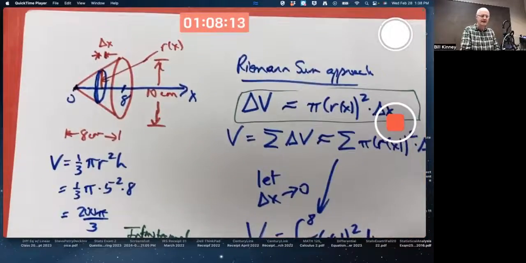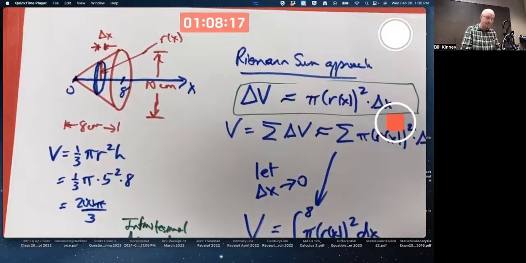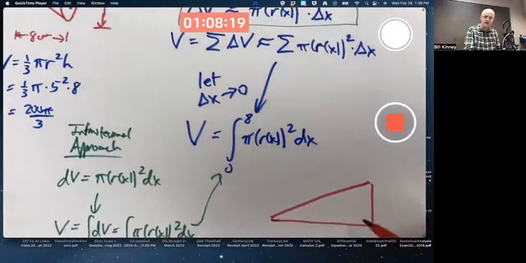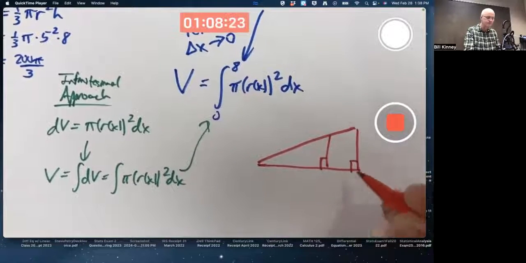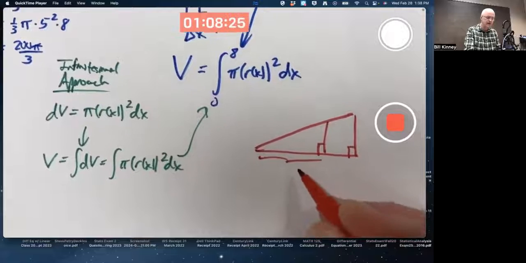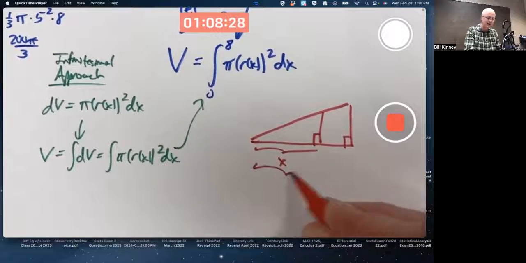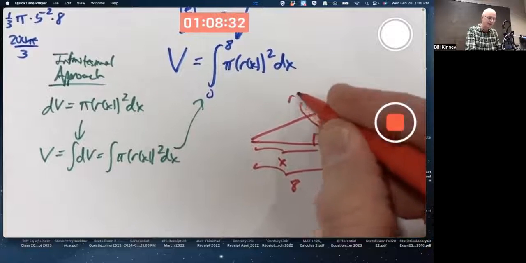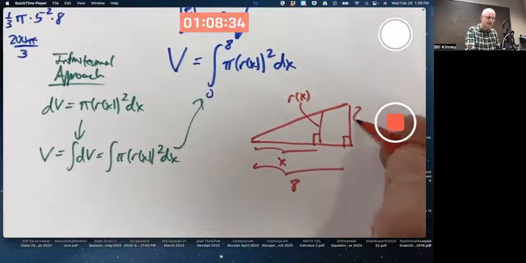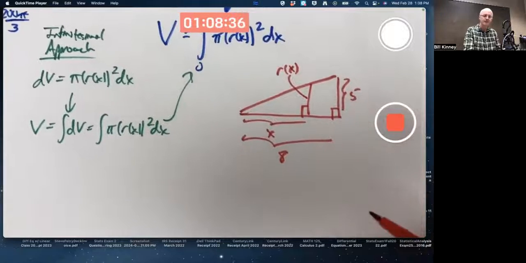Take this cone and slice it with the plane of the paper, and just look at the top half of it, and you'll get two right triangles that are similar. This one having base x, this one having base 8. This one having height r of x, this one having height 5, the radius.